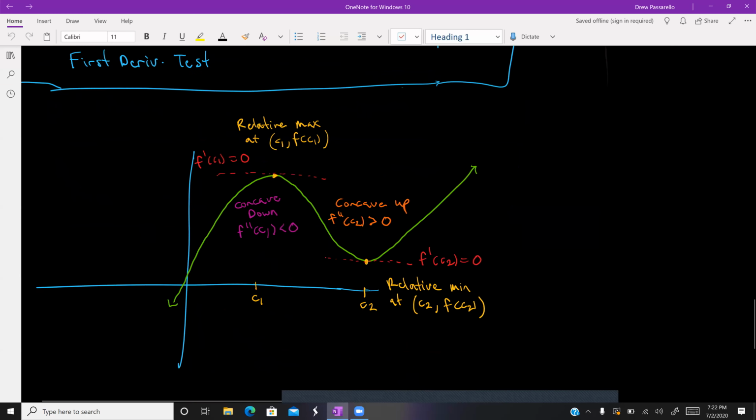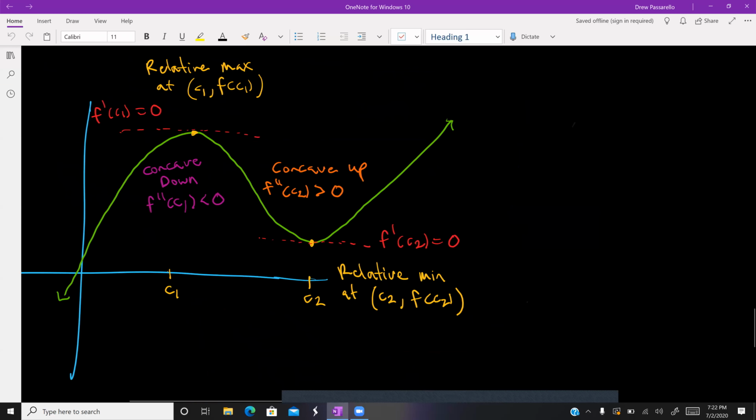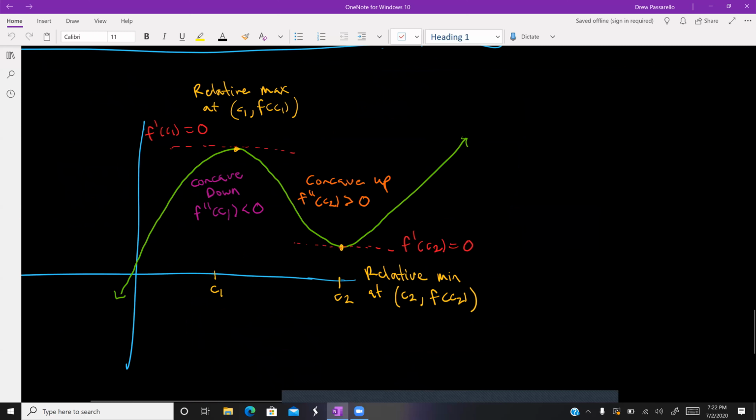So I drew a graph, and this kind of shows the scenarios. I have this point C1, and notice at C1, you have a relative max. And notice I wrote in purple, it's concave down. So the graph is opening downward at C1.